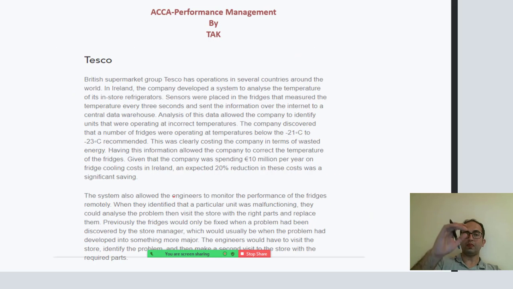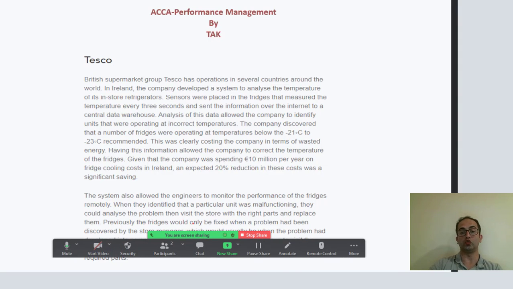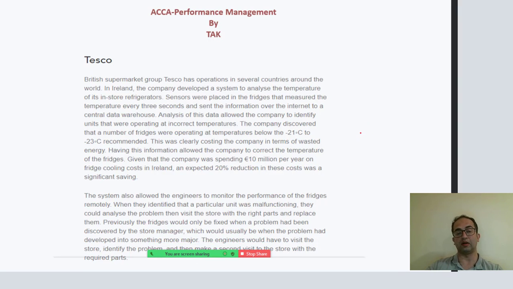Okay, now let's move on to some of the case studies. There is a complete link on performance management and big data, and the article was published in Student Accountant. So as an ACCA student, you should always focus on Student Accountant.